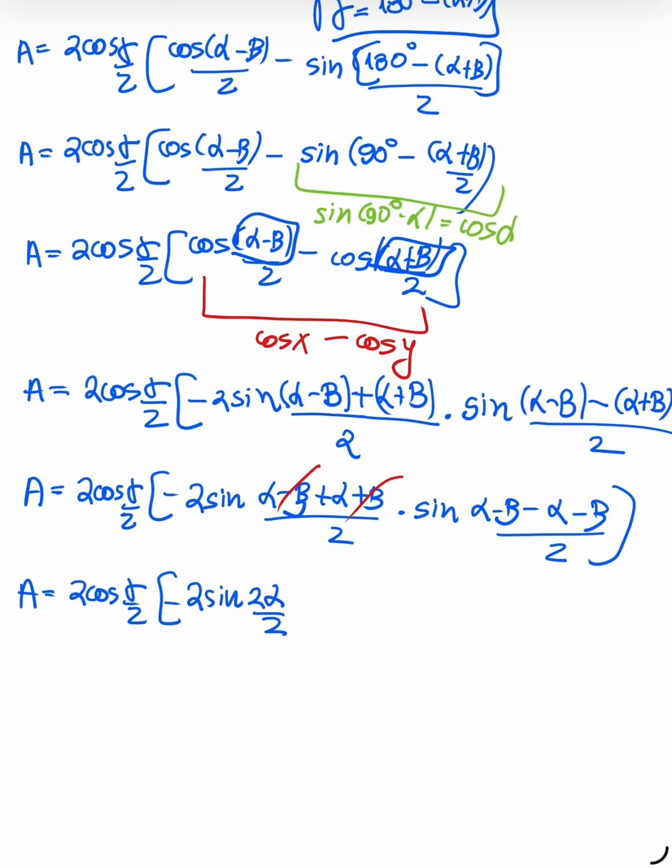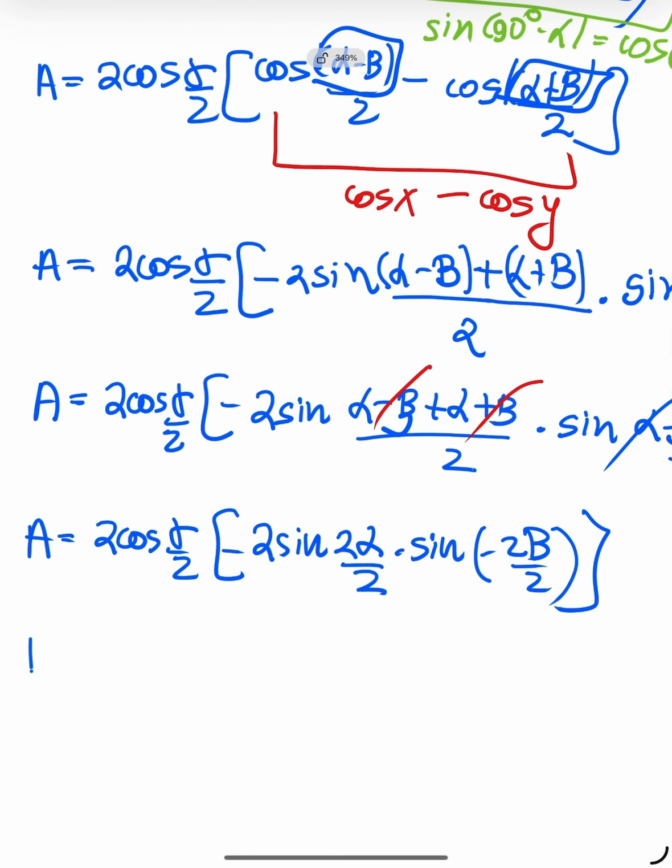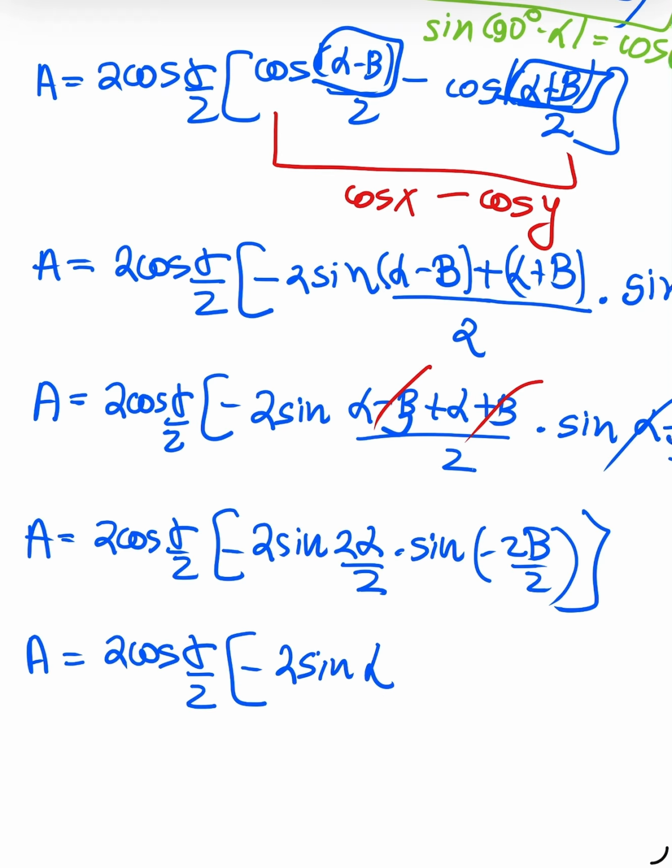And here we have sine of, these alphas cancel out, and we have minus beta minus beta, that is minus 2 times beta divided by 2. So that's what we are obtaining. So A is equal to 2 cosine gamma divided by 2 times minus 2 times sine of only alpha, because we have 2 alpha divided by 2.